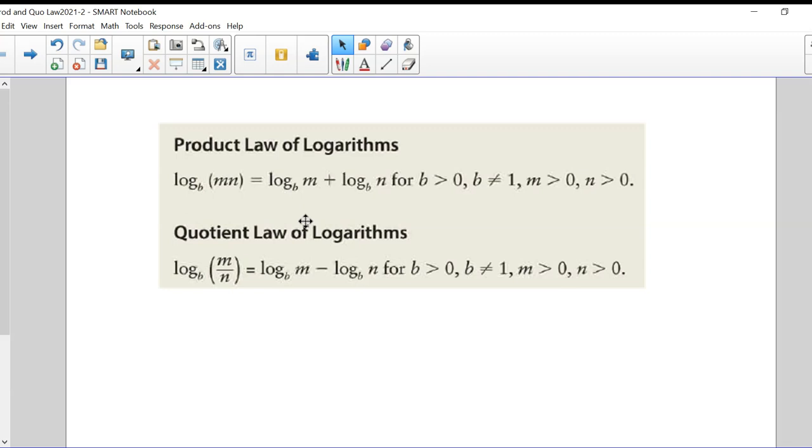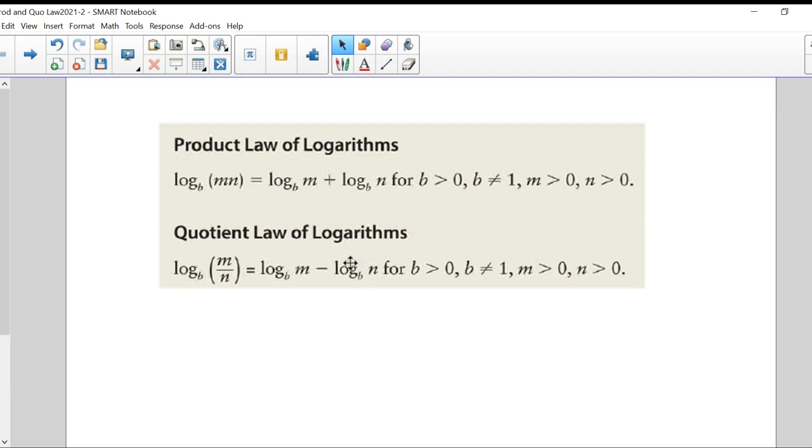Okay? The quotient law, on the other hand, says if I take the log of a quotient, this is a product, first one was a product, this one is a quotient. The log of a quotient is equal to the log of the numerator minus the log of the denominator. Now, this makes sense because of what we know about product and quotient law of exponents.